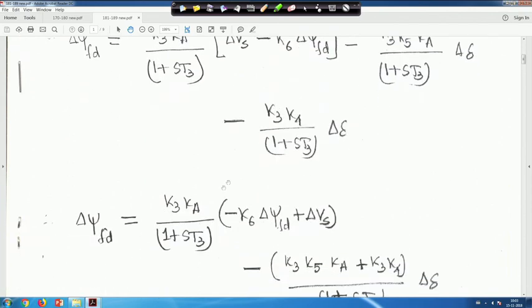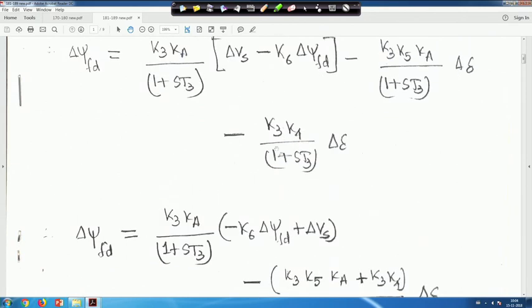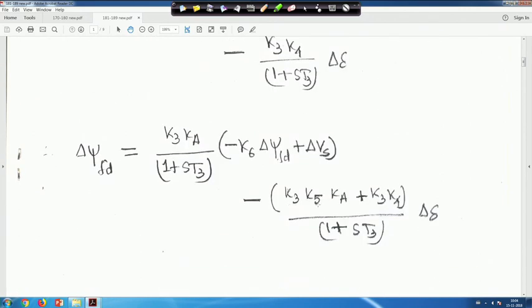Now, therefore, delta psi FD we can rewrite as K3 K upon 1 plus ST3 times, minus this term we are rewriting, minus K6 delta psi FD plus delta Vs, then these two terms we are writing together. So minus, in bracket, K3 K5 K plus K3 K4 upon 1 plus ST3 delta delta, right.